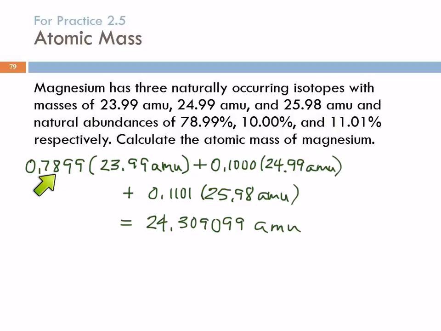Here, my percent abundances have 4 significant figures. That means that my answer can't have more than 4 significant figures. And I shouldn't end up with more decimal places than I had in my masses. So based on that, I'm going to round this and say it's 24.31 atomic mass units.